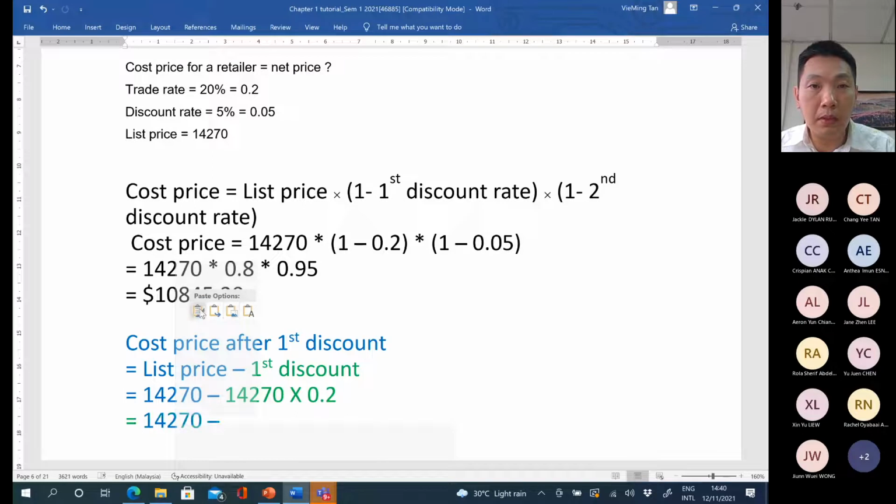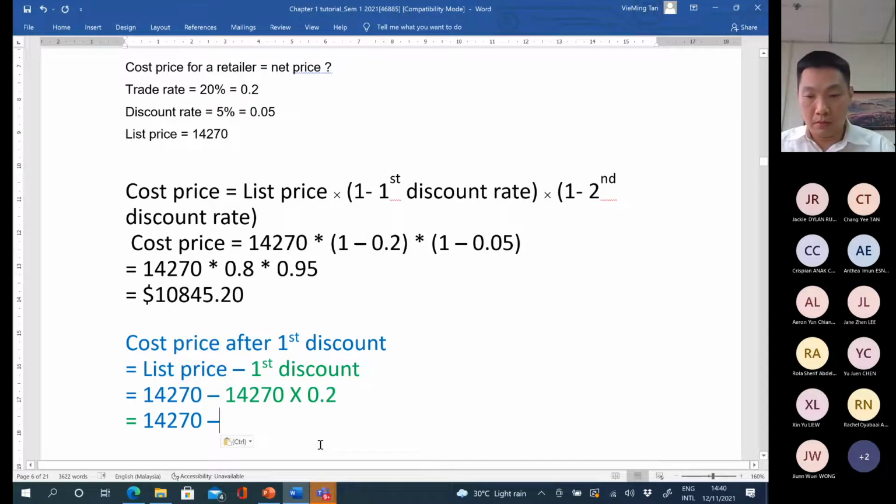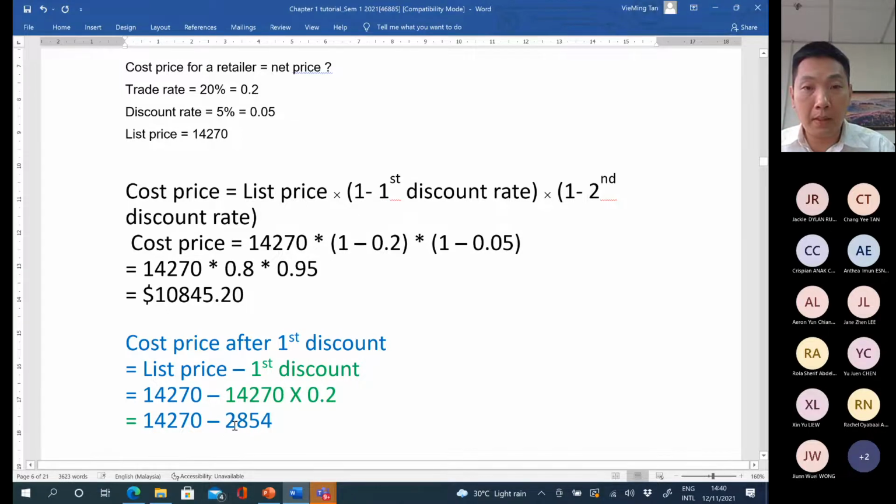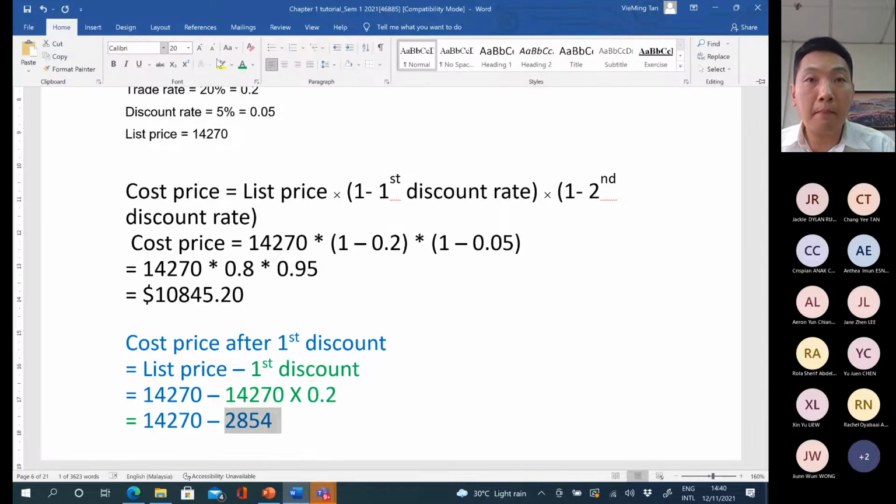This I use blue color. Okay, so 14270 multiplied by 20% is 2854. This is green color. Right.